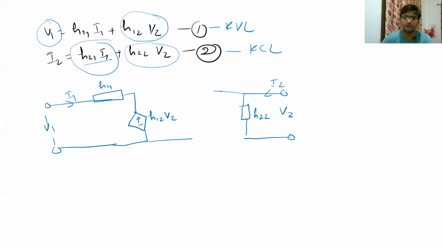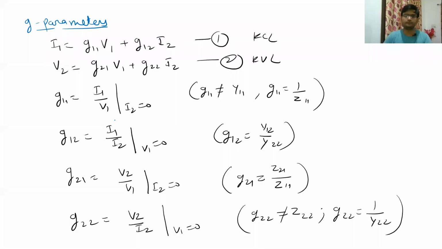So this has to be a dependent current source whose direction is definitely downwards, because this also is downwards. And its value will be H21 into I1. So this is the equivalent circuit of the H parameter two-port network.